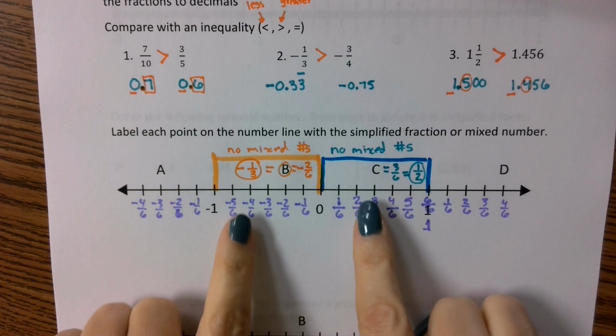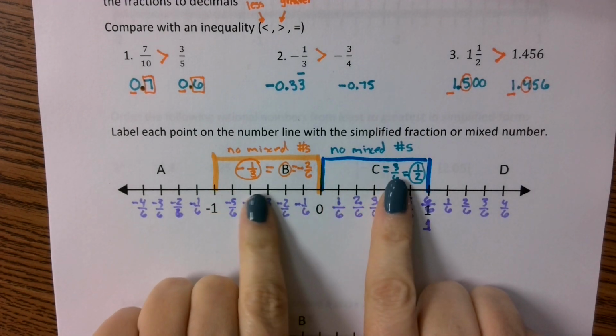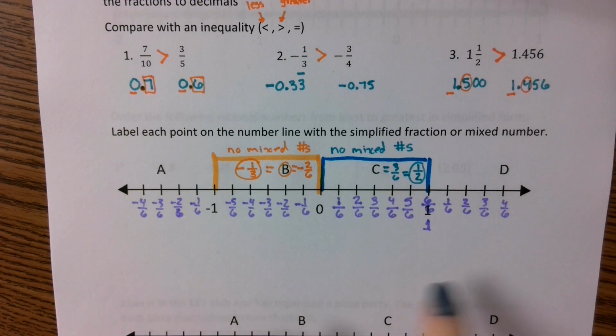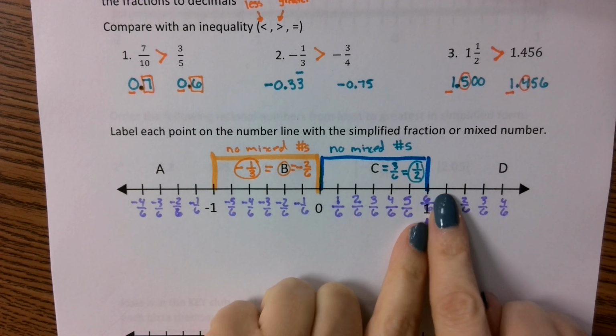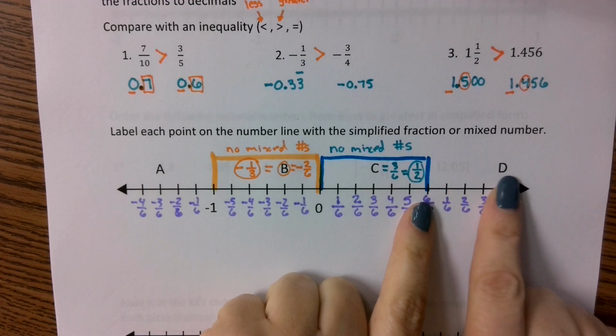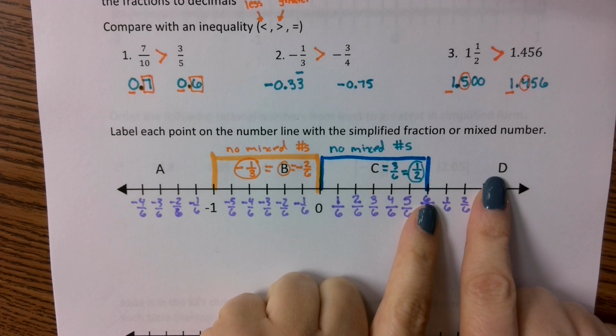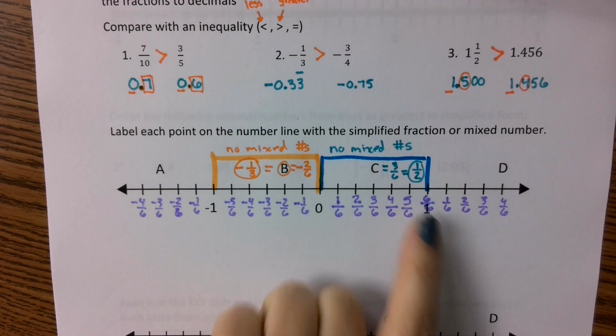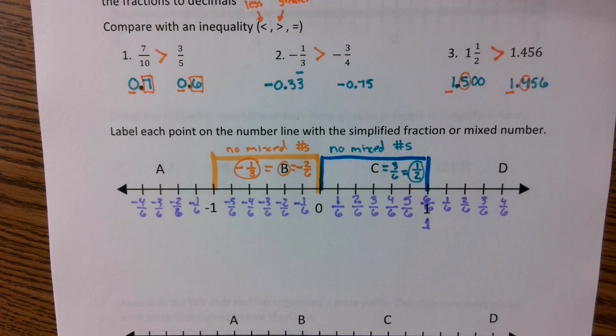Now, the reason why I wanted to make sure you understand that these portions are no mixed numbers is because once you pass the whole number, once I pass this spot for 1, I'm now going to have a mixed number, aren't I? What's the whole number portion going to be for that mixed number, though? If it's going to be a mixed number, it's going to have a whole number and a fraction. What's the whole number? 1.